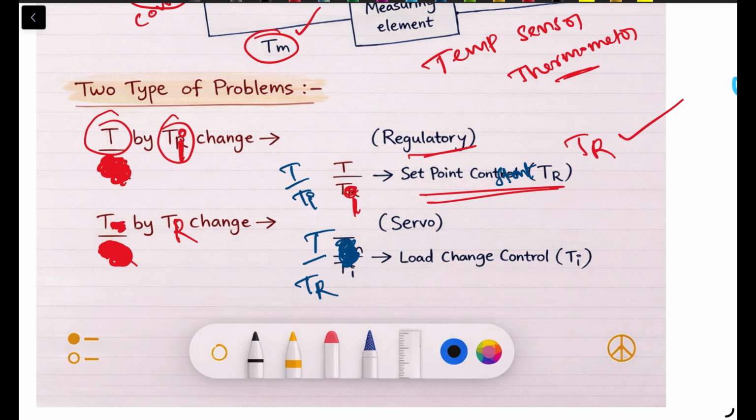Now let's go for the servo problems. In a servo controller, the set point itself changes with time. What will be constant here? The load TA will be constant. That means only TR changes, TA will be constant.